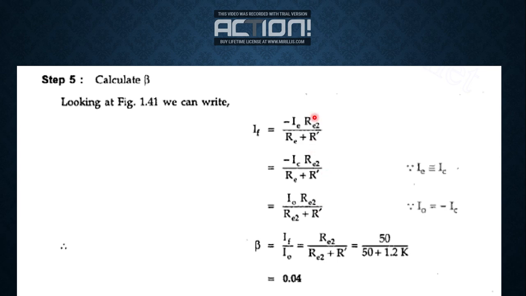IE can be replaced with IC, and minus IC can be replaced with I naught because they are equal in magnitude but opposite in direction. So beta is equal to IF by I naught, which is RE2 divided by RE2 plus R dash, equal to 50 by 50 plus 1.2K. We end up with beta equal to 0.04.